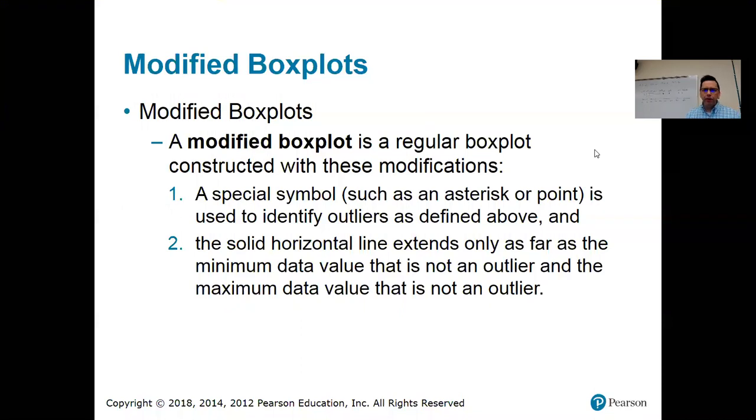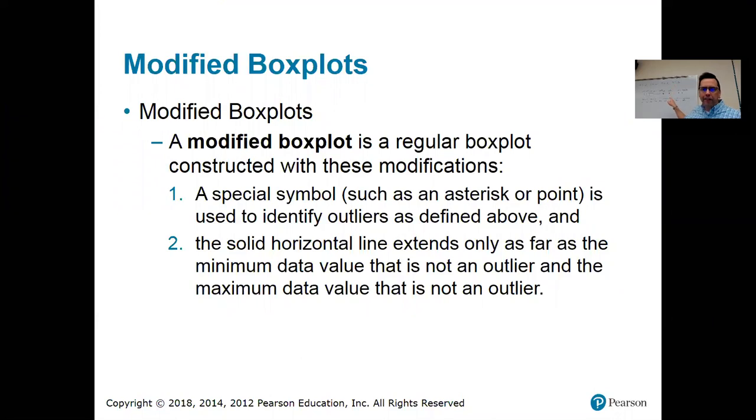Okay, so what you see behind me over here is called a modified box plot. And the way that you do the modified box plot is you indicate your outliers with special symbols like asterisks, stars. So the solid horizontal line only extends as far as the minimum value that's not an outlier and the maximum value that's not an outlier. Okay. So we found in the last example that these 4 values were outliers.